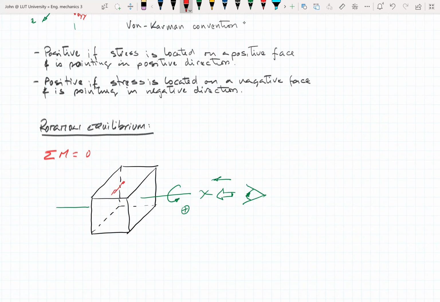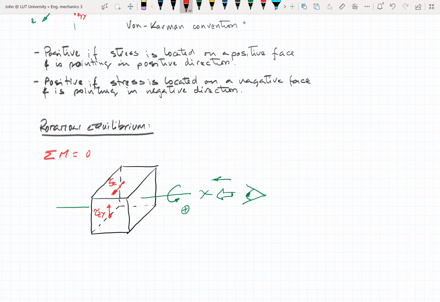In the upper face, I will have tau yz. In this lateral face, I will have tau zy.